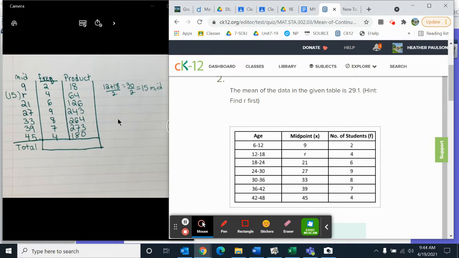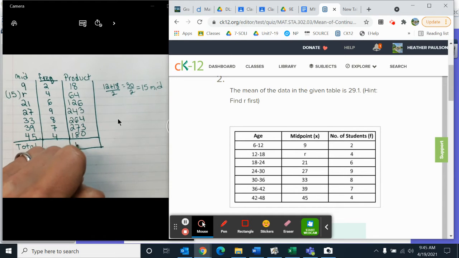Then we need the sum of all of our products. So 18 plus 64 plus 126 plus 243 plus 264 plus 273 plus 180. And we get a total of 1,168.